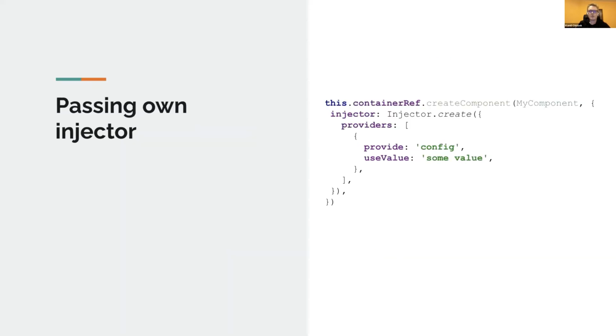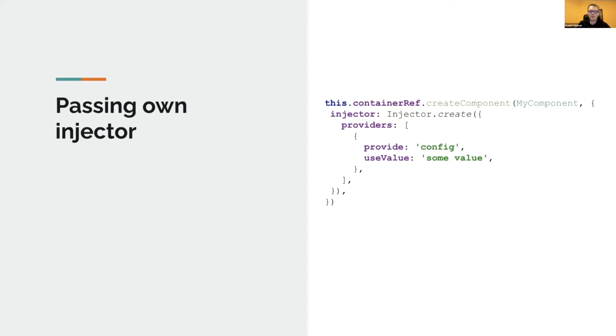So first, you have to create an injector using the static method create, which takes a list of providers as an argument. Then you pass such a created injector to the createComponent method. But it's worth mentioning that this injector is detached from the dependency injection tree because we didn't provide a parent injector.